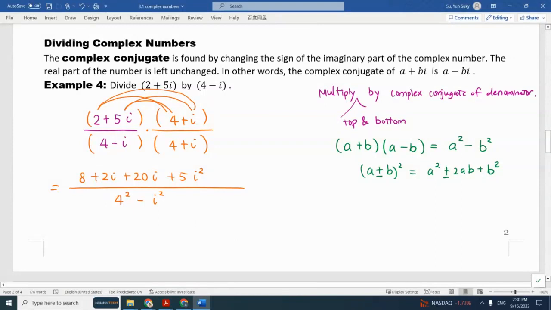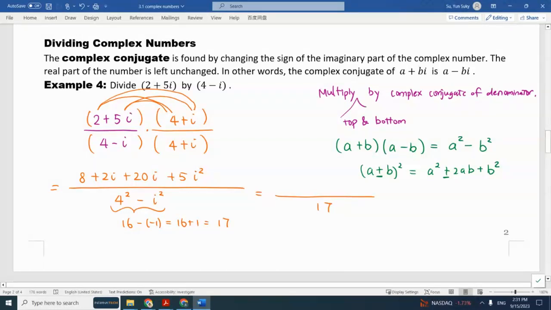And the good thing about i squared is it equals -1. So we get rid of the i in the denominator. Exactly. I mean, 16 minus -1, so 16 plus 1. Right, everybody? Okay, let's simplify this. 16 minus -1 is 16 plus 1, which is 17.